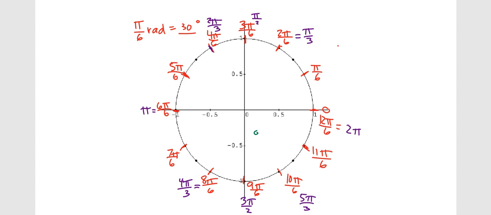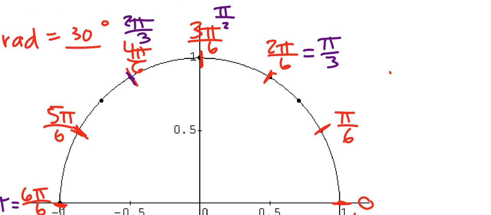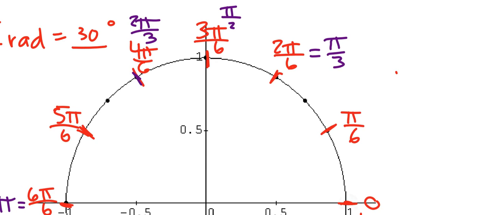Now, for the ones that we didn't get, you know what? Yeah, we'll do it here. That's fine. We'll just do it in a different color. If we've got 0 right here, then this one right here is the 45-degree mark.